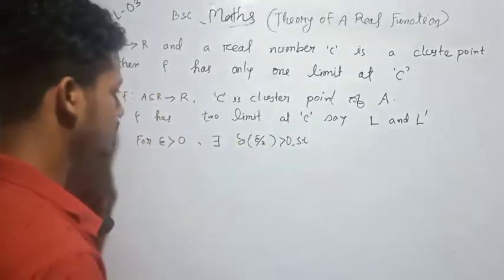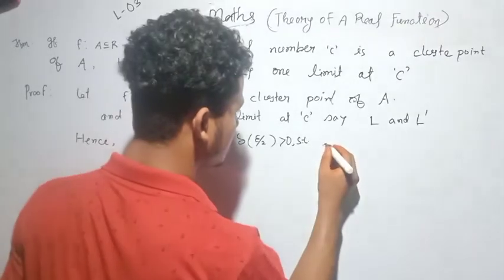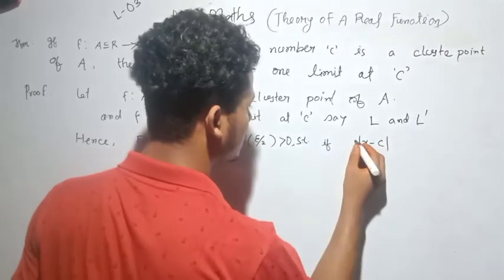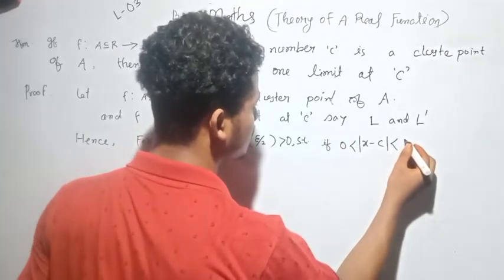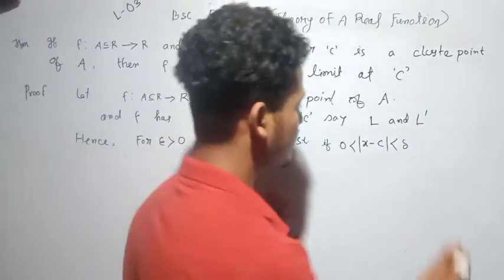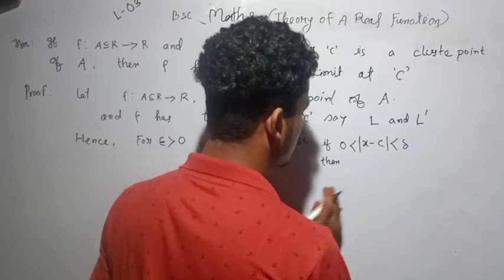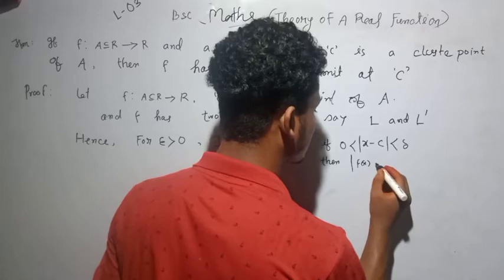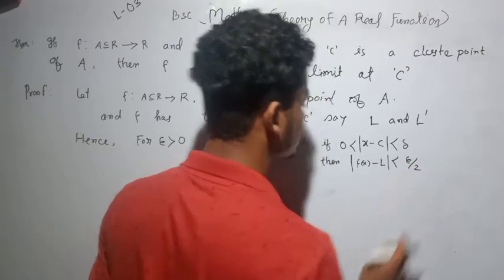Such that if modulus of x minus c is greater than 0 and less than delta, then modulus of f of x minus L is less than epsilon by 2.